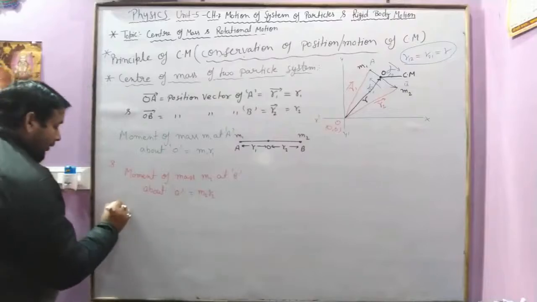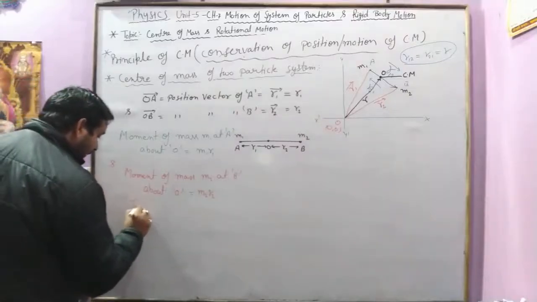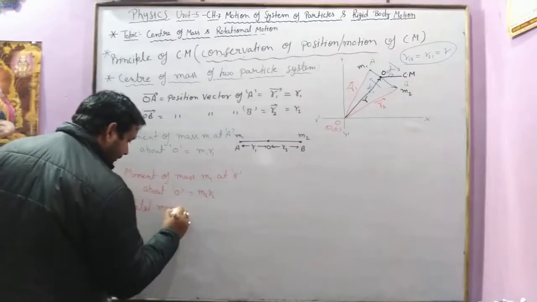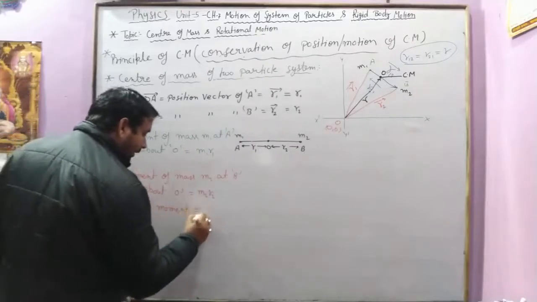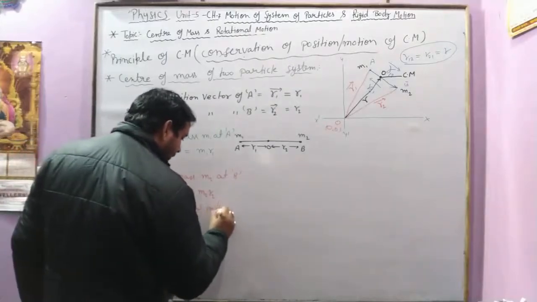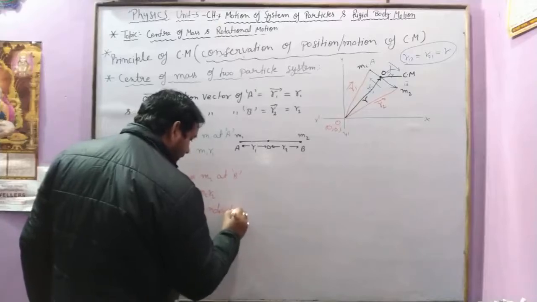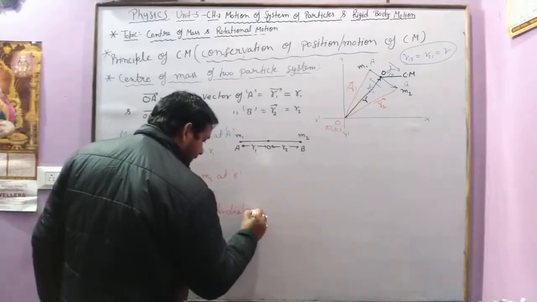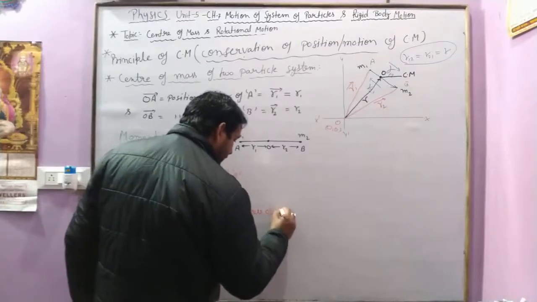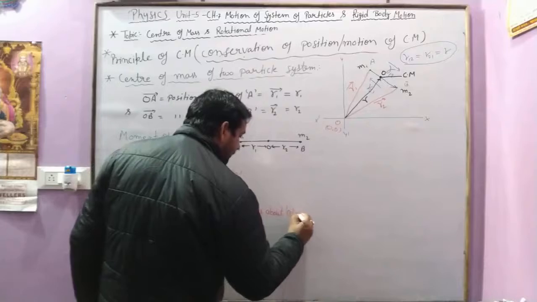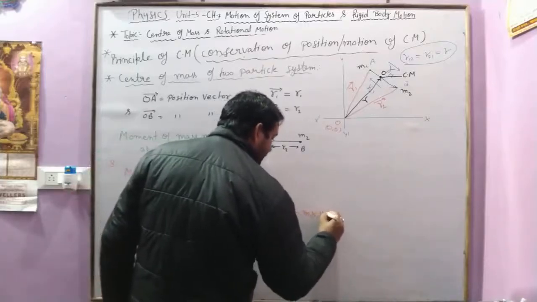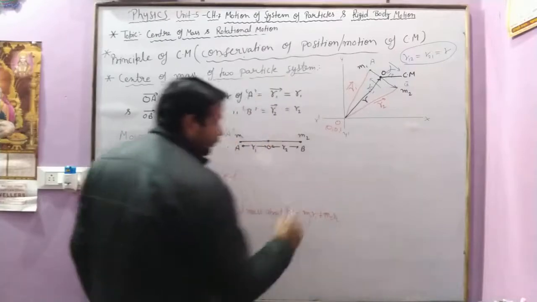Therefore the total moment of individual masses about O is m1 r1 plus m2 r2.